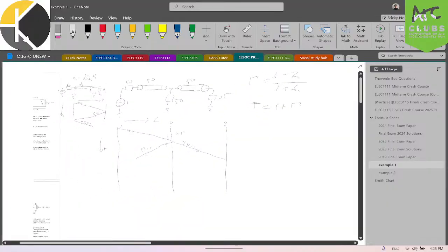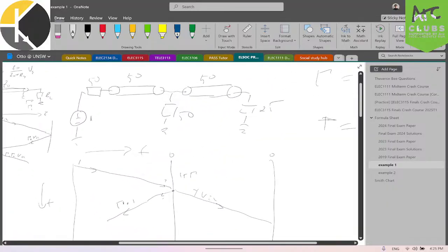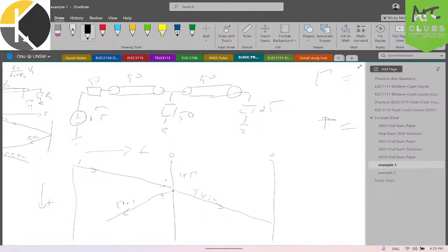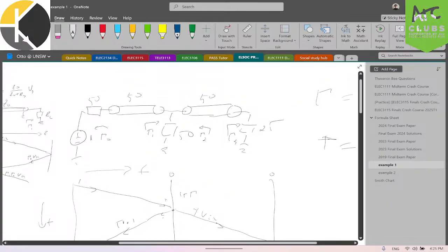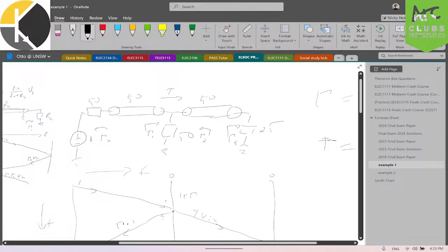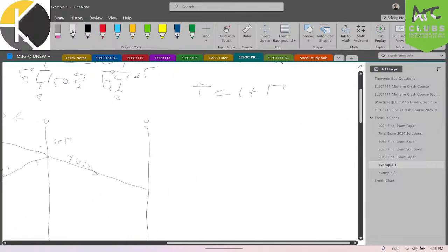So I'll just quickly calculate all the gammas and T's. I will call this one gamma naught, this one gamma 1, gamma 2, and gamma 3, and call this T, right?